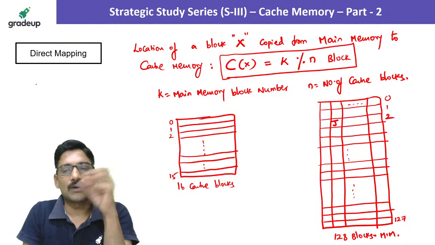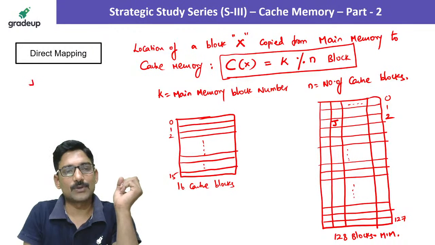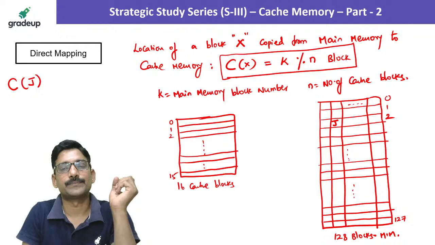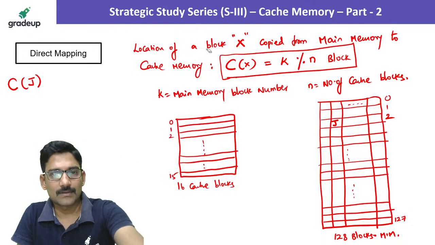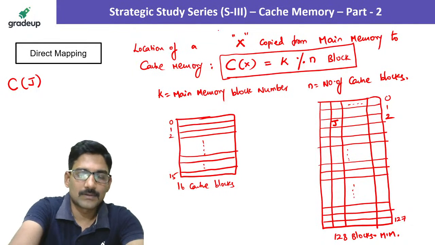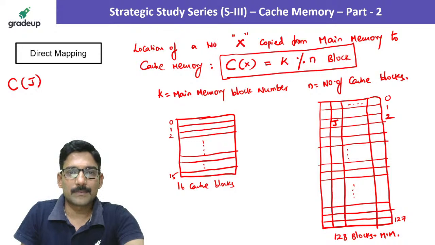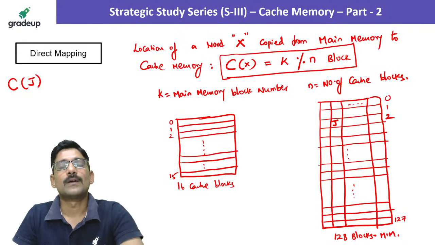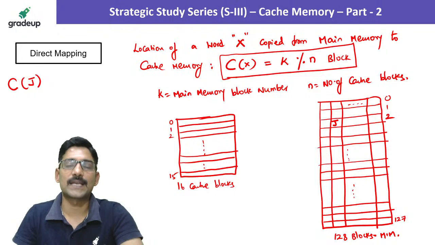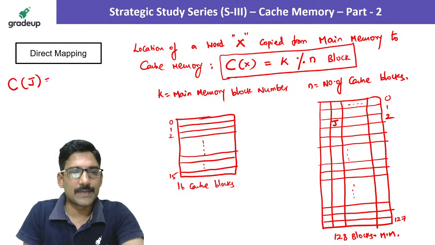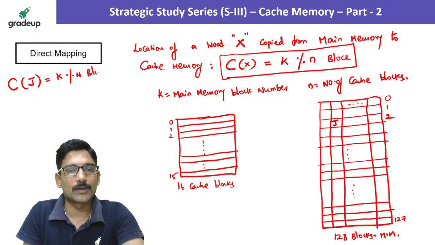So, how do you get the location of J in cache memory? This is given as K mod N blocks.